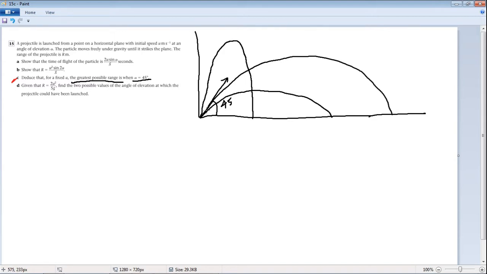So if I launch a projectile at an angle of 45 degrees, it will reach the maximum range. So let us see how it is possible mathematically. Let us prove that mathematically.